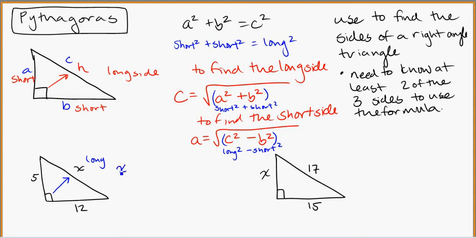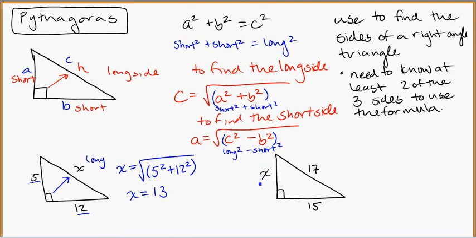So we might say x, being the long side, is equal to the square root bracket 5 squared plus 12 squared bracket, because 5 squared plus 12 squared is the short side plus the short side, and both of those squared. Taking the square root of the whole thing will give us the long side. So in this case, 5 squared plus 12 squared, taking the square root, we get 13.